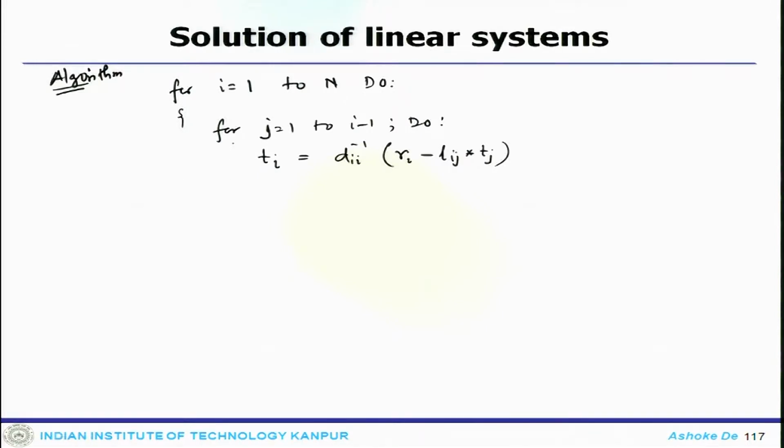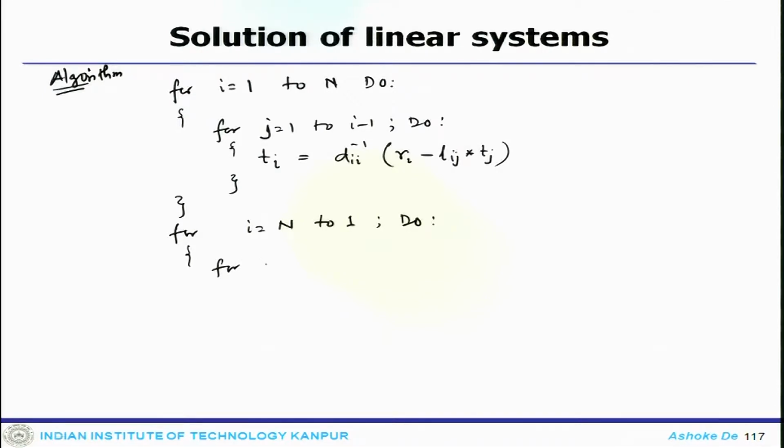Then you close this loop. Outside you move along with another loop i from n to 1, and you do the following.